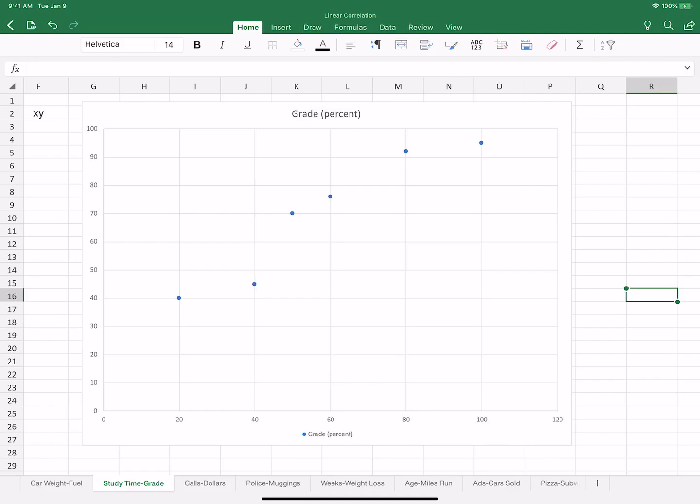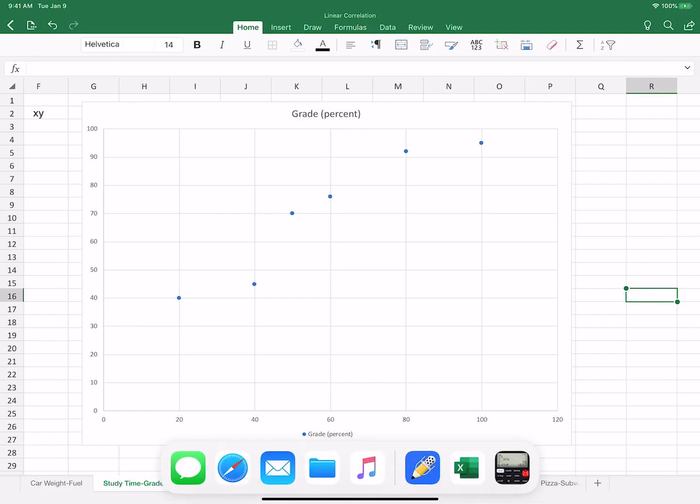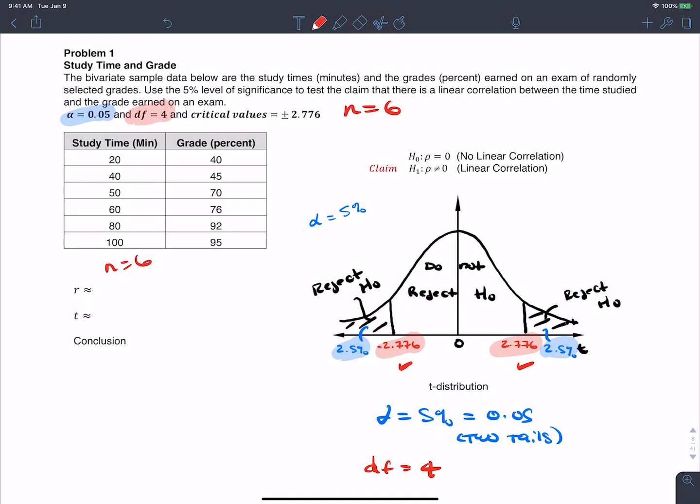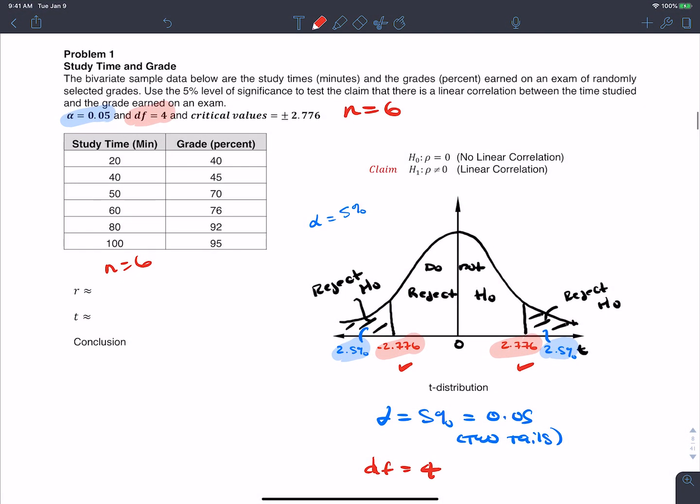Well, how do we know? Go back to your hypothesis test. Compute this value for r, and then compute your test statistic. Okay, you okay with that?